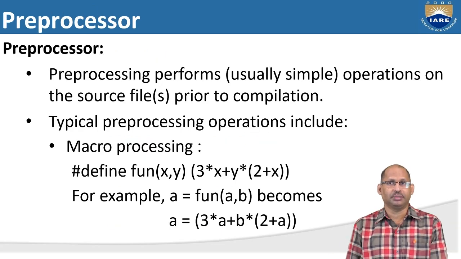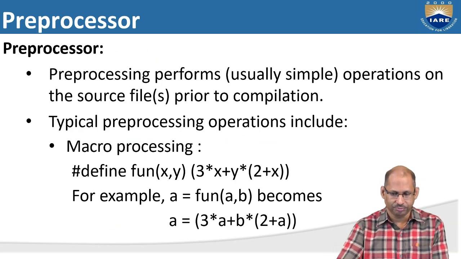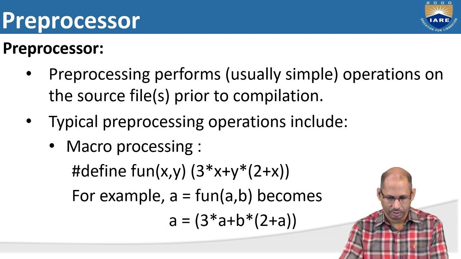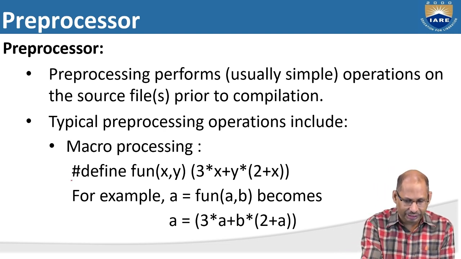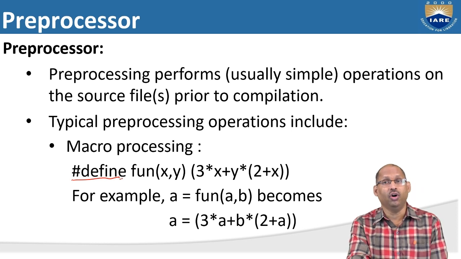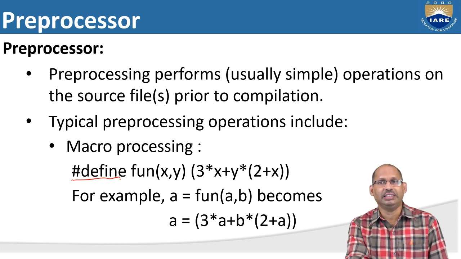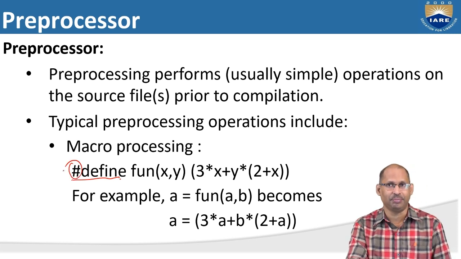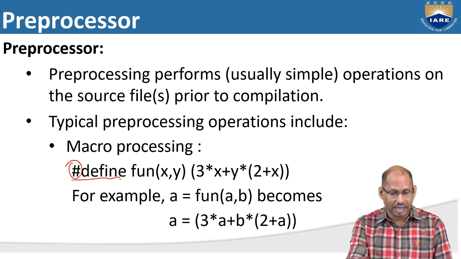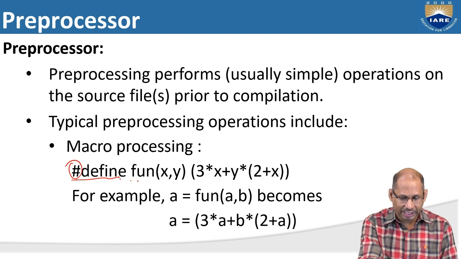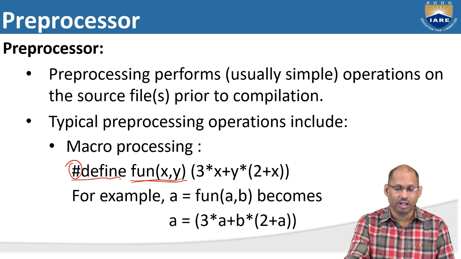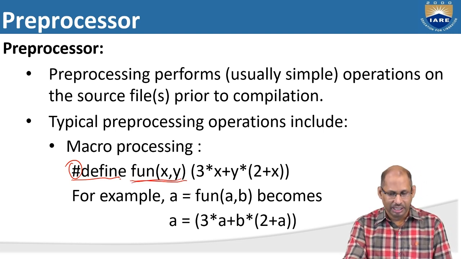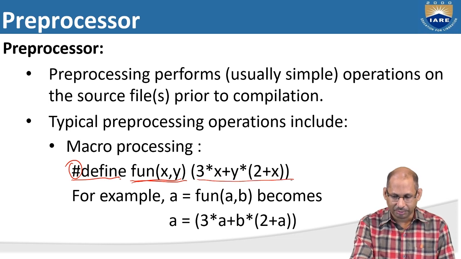Now the preprocessor. If we observe, all the preprocessor commands are preceded by the hash symbol. Here with hash define, we are declaring function of x comma y, and this is the statement.